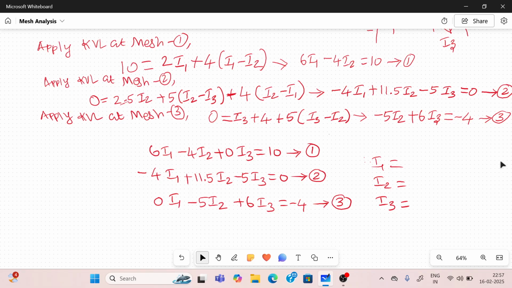Then the calculator will ask for A, B, C, D: the I1 coefficients are A, the I2 coefficients are B, the I3 coefficients are C, and the right-hand side values are D. So A1, B1, C1, D1, then A2, B2, C2, D2, and A3, B3, C3, D3.